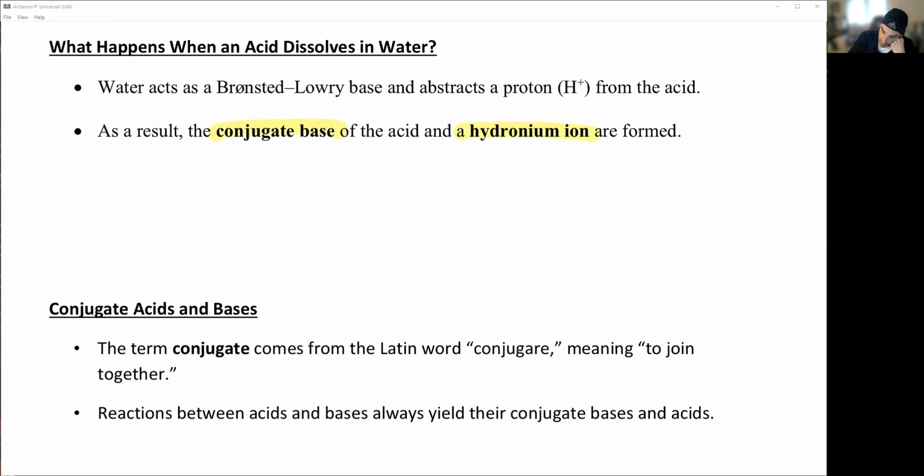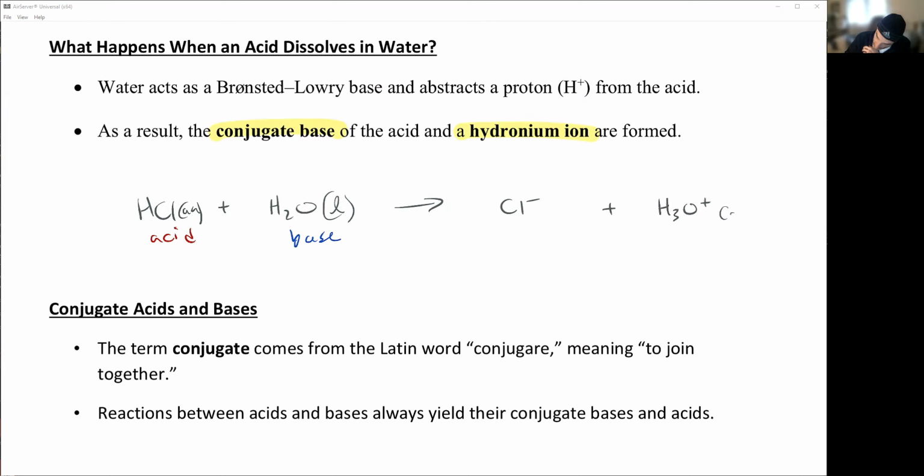So if we start with HCl dissolving in water, so aqueous HCl in liquid water is going to yield Cl minus, because again, if this is acting as an acid, that means that the water here is going to be acting as a base, meaning the HCl is going to be donating because that's what an acid does, and the base is going to be accepting. So plus H3O plus, and both of these are aqueous.